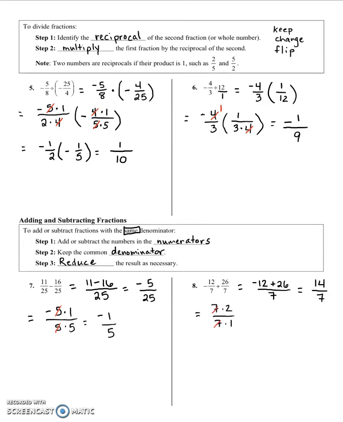So the 7's cancel, which leaves us with 2/1. Remember, anything over 1 is just a whole number, so we can just write that as a 2. So in the next video, we will talk about what to do when we need to add or subtract fractions that have different denominators.